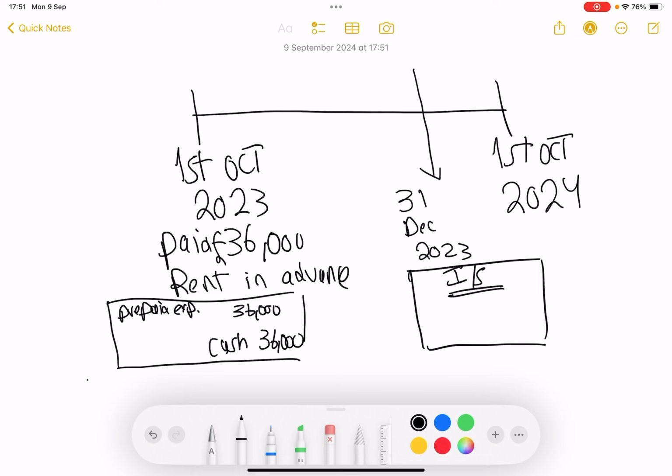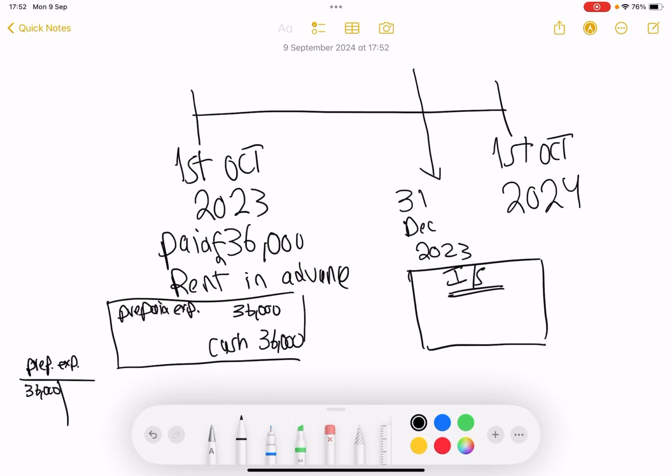Probably you could also use your T account, prepaid expenses. Here we record 36,000. That's an asset. Why? Because simply I could cancel my contract and get my money back, couldn't I? So that's an asset. It's not an incurred expense anymore.